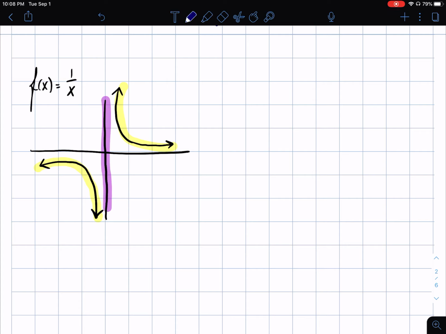So we'll say f of x is continuous over the interval negative infinity to 0. Okay, so that's this graph right here.